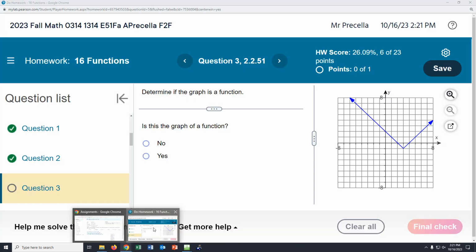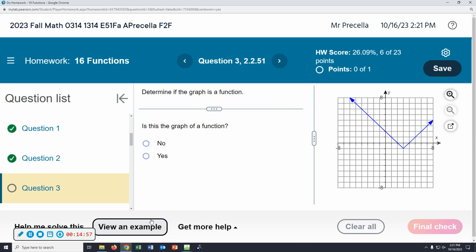It looked like a V-shaped figure. Is this thing a function? Yes, it is. Do y'all see vertical lines intersecting it? All those little grid lines? None of them intersect in 2 or more spots, so it is a function.